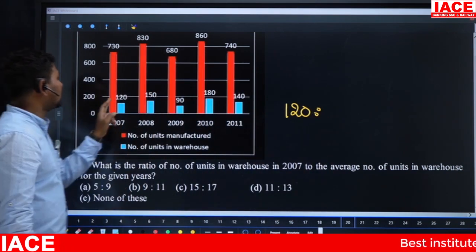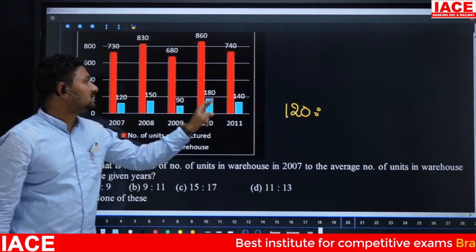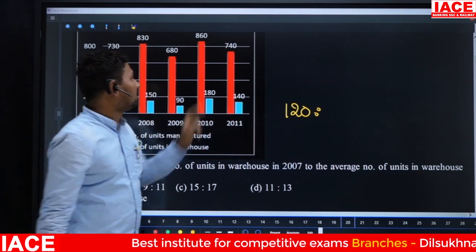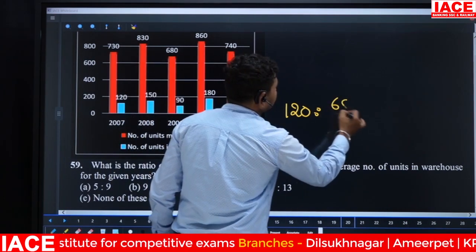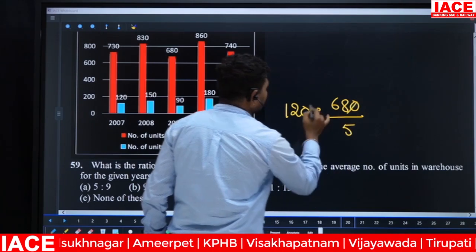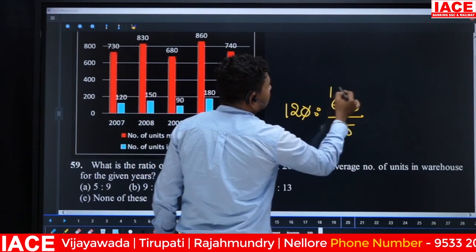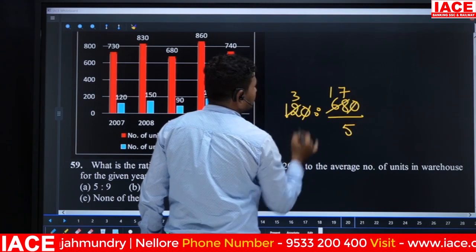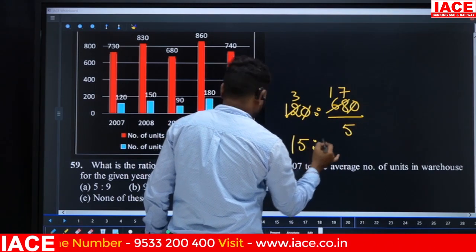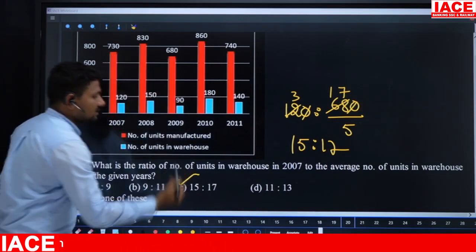All the years we should calculate. 120 plus 150, 270, 270 plus 90, 360, 360 plus 140, 500, 500 plus 180, 680. Divided by 5, and 0 0 will be cancelled, and cancel with 4. Then 15 is to 17. Then our option is C.